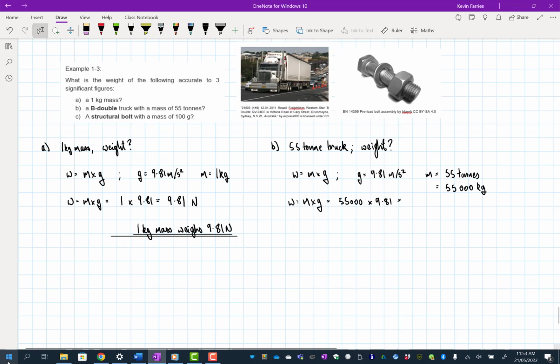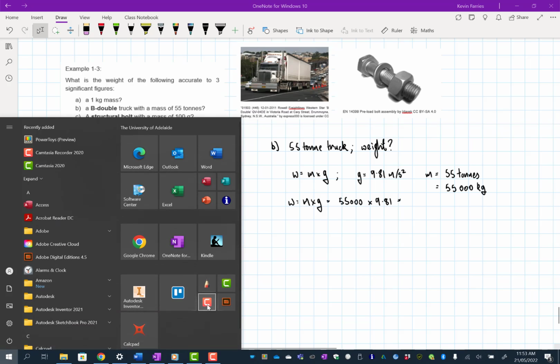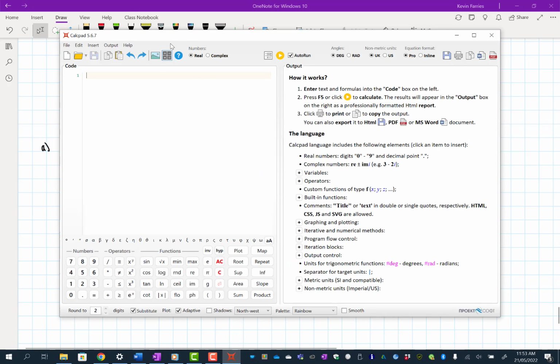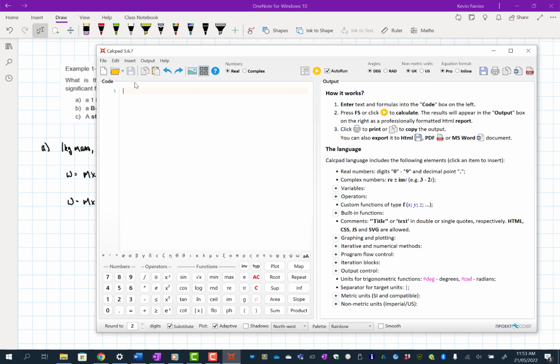I think I've closed my calc pad. Let me open that up again. It takes a little minute. Okay, so we've got 55,000 kilograms.